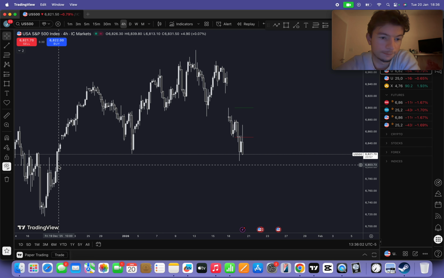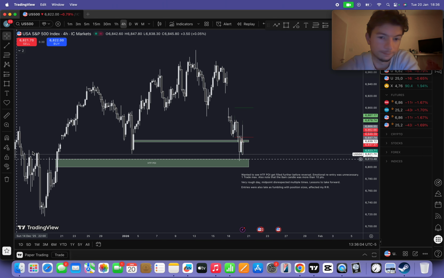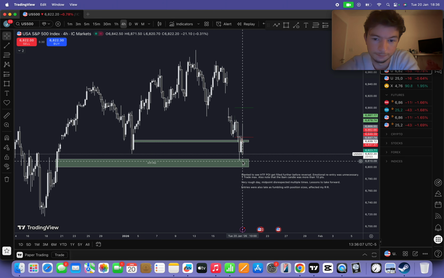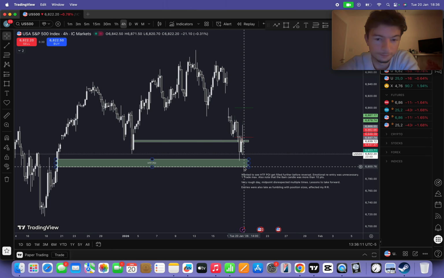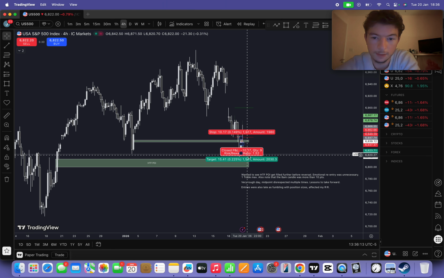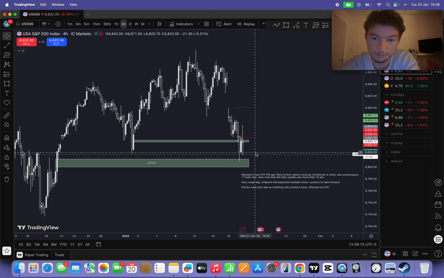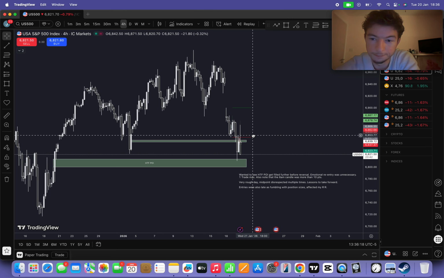We have a 4-hour imbalance here as marked out. We tapped it. I wanted to see this get filled, which it now looks like price is doing. But just to note, it was the day after a bank holiday. It's Tuesday. There was no red folder news.